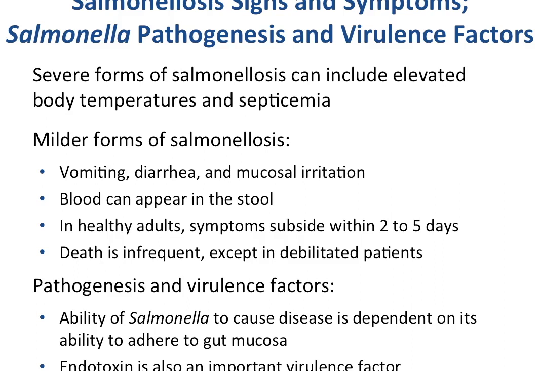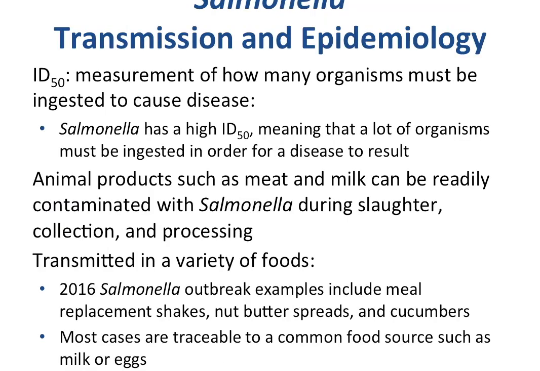So how does Salmonella cause disease? Salmonella can attach to the GI tract mucosa and generate endotoxin. Here we have the concept of ID50, the measurement of how many microorganisms can cause disease.